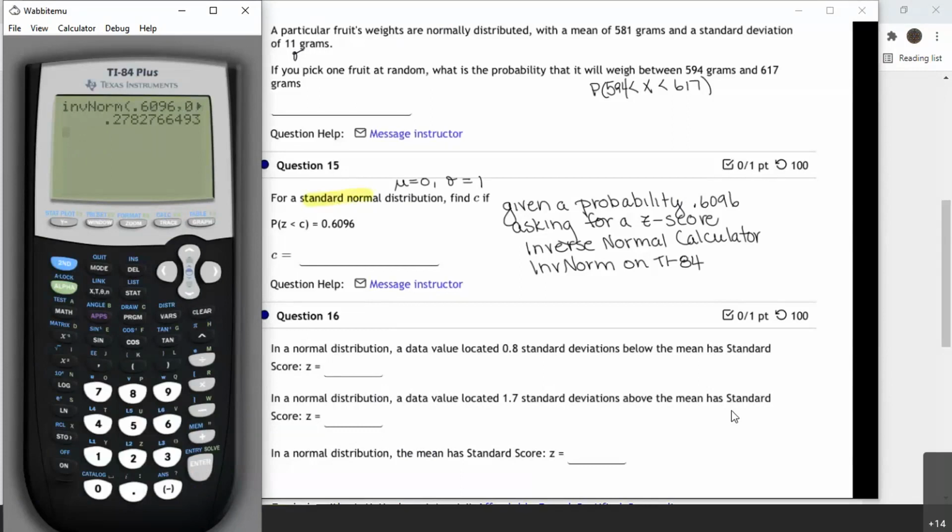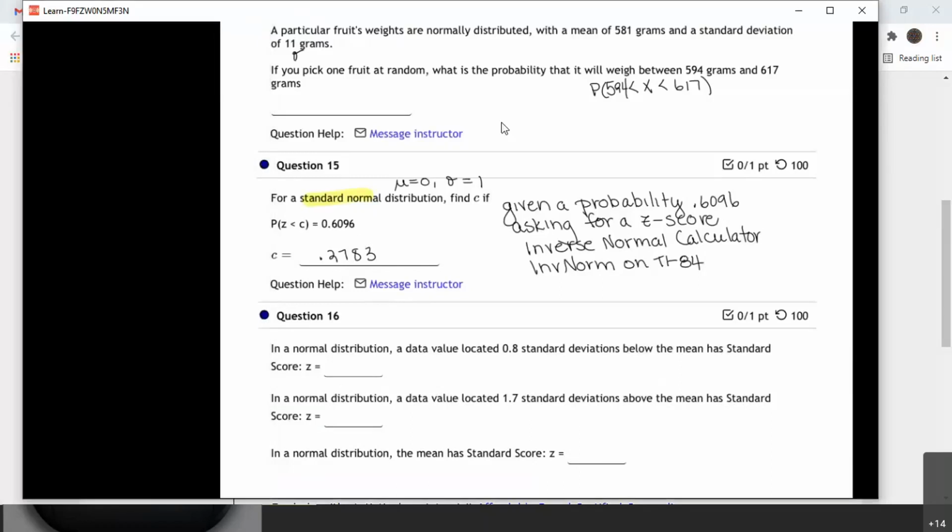And this gives me a C value of 0.278, and let's make it a 3. And that's a Z-score. So they're saying 60% of the area in a normal distribution is below the Z-score, positive 0.278. 60% of the area is below that Z-score.